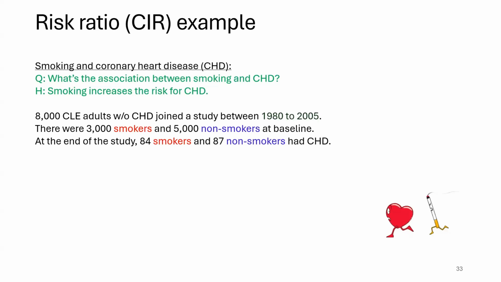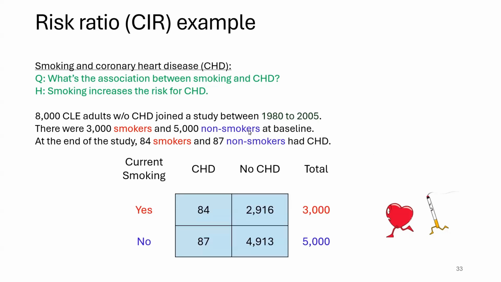So many people don't like word problems, but what we can do from this information is extract it into a 2x2 table. So you have your 84 people here who developed coronary heart disease and currently smoke. You have your 87 people who did not smoke but developed coronary heart disease. And you can get these cells populated by taking from the totals that we know we have.